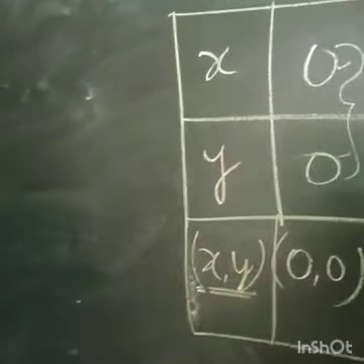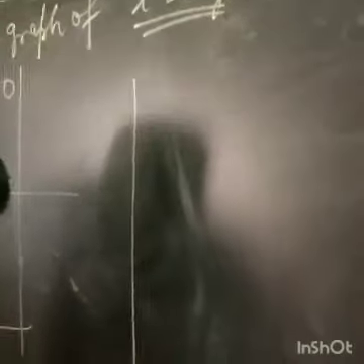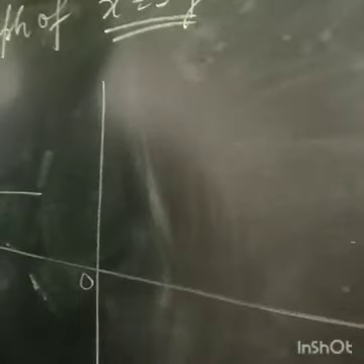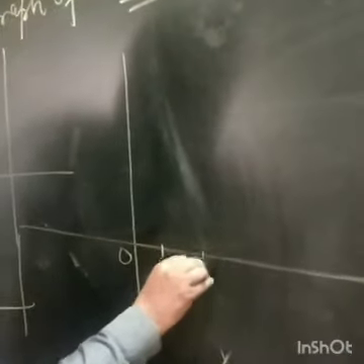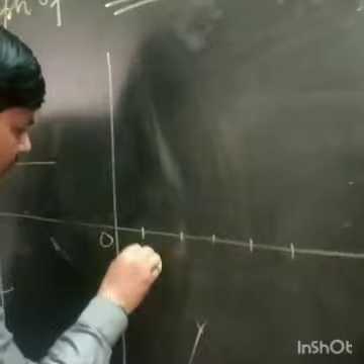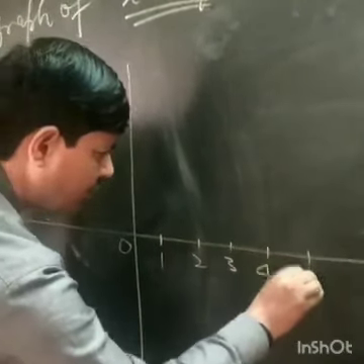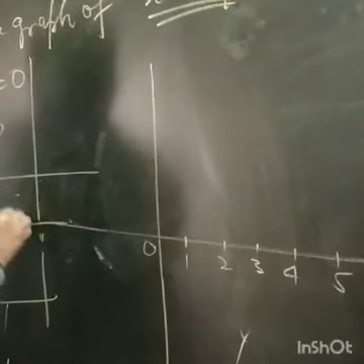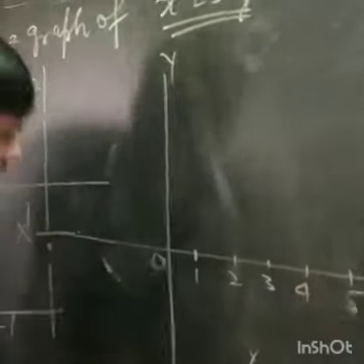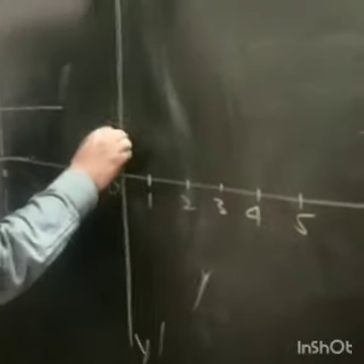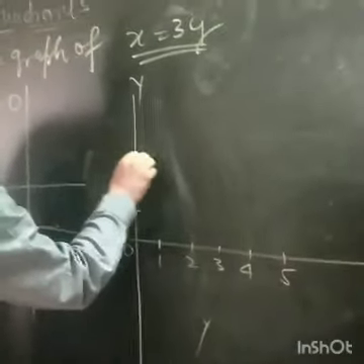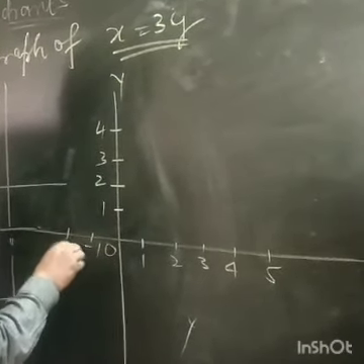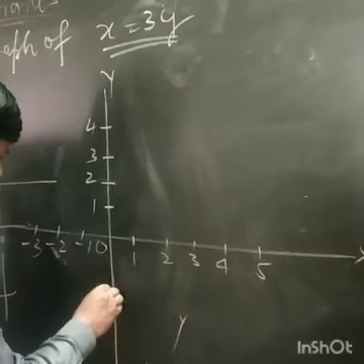Now let us plot them on the graph. Here it is the origin, 1, 2, 3, 4, 5. The x-axis, let it be X dash, Y dash. 1, 2, 3, 4, -1, -2, -3.